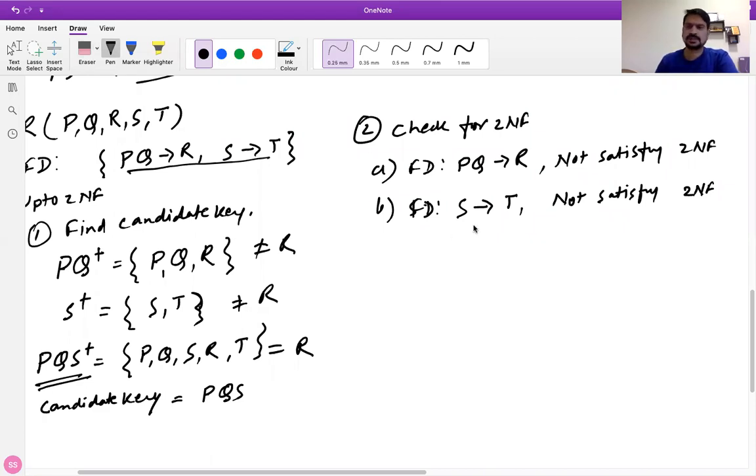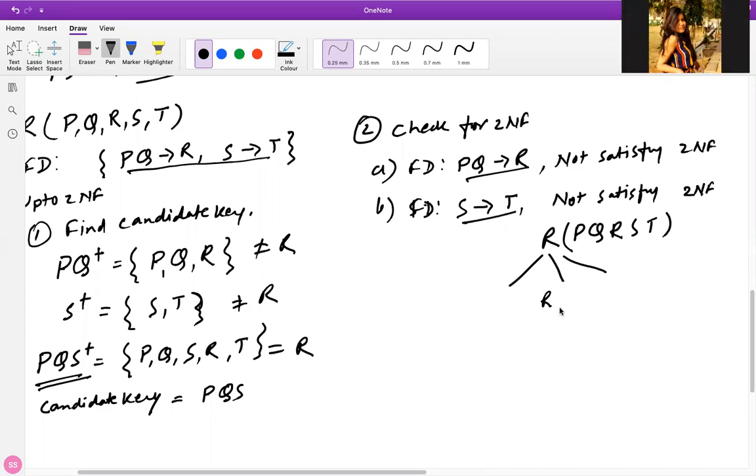Okay. Now we have to split the R. R is P, Q, R, S, and T, and will be divided. This is creating a problem, so we'll make a separation of it.